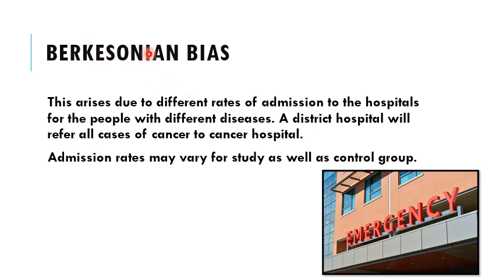There will be Berksonian bias, because a district hospital will refer all the cases of cancer to the cancer hospital. We will feel that the cancer prevalence is very high in this area, but it is not like that. It is only because it is a specialized hospital that it will cater to the specialty cases. So Berksonian bias is related to different rates of admission. This we have to take care of while planning the study.